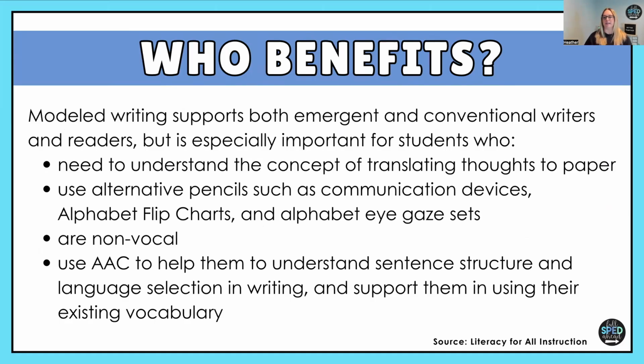They need to understand that they are going to translate their thoughts on paper. They can also use alternative pencils, communication devices, flip charts, or eye gazes. Students who are non-vocal is another way you can decide if this is right for your students. And then, of course, using AAC to understand their sentence structure and language, and support them with the existing vocabulary that they already have. So we want to build on that.